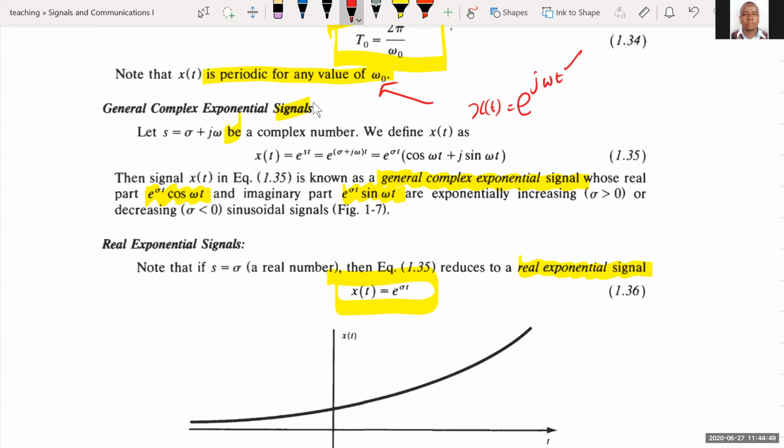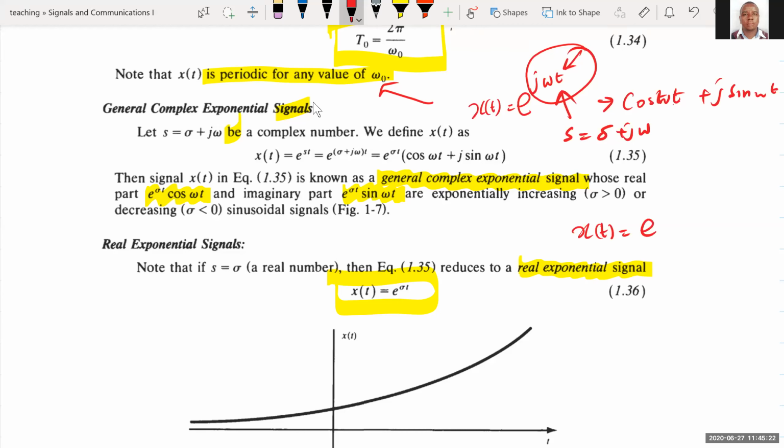This is a purely imaginary exponent, and therefore it gives us cosine omega naught t plus j sine omega naught t. But then if this is not a pure imaginary number but a complex number, which might be s, that is equal to sigma plus j omega, that means that if we now introduce the time, we are going to have x(t) equal to e^(st).